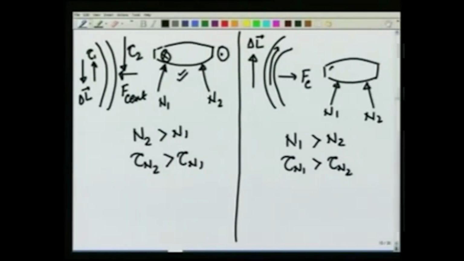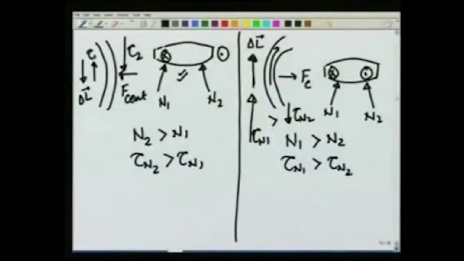Torque N1 is going into the cylinder, that is in the direction of motion, and torque N2 is coming out, and therefore this torque is greater than torque in the opposite direction. And you can see again that the difference is giving the right direction for delta L to be along the direction of motion, and therefore this cylinder can negotiate both the turns going to the left or going to the right, and as you saw in the demonstration, it went all the way through.